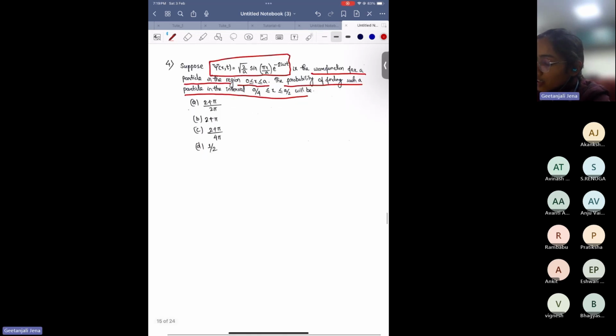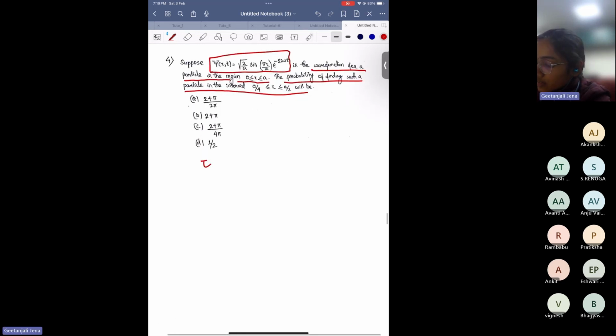So let's see what is given. Psi of x,t is given to us, which is root over 2 by a sin pi x by a e to power minus i omega t. This is given to us.